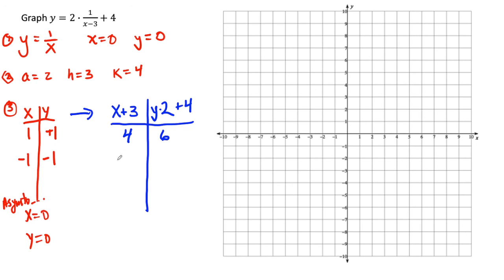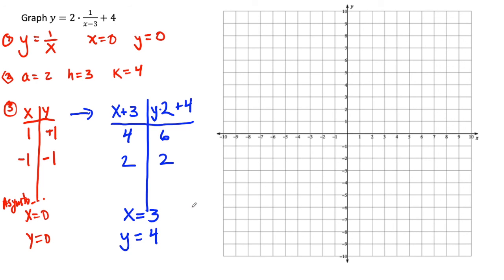And then negative 1 is going to give me a 2, and 2 times negative 1 is negative 2 plus 4 is 2. And then my new asymptotes are going to be x equals 3, because I'm going to add 3 to this value, and my new horizontal asymptote is going to be y equals 4.